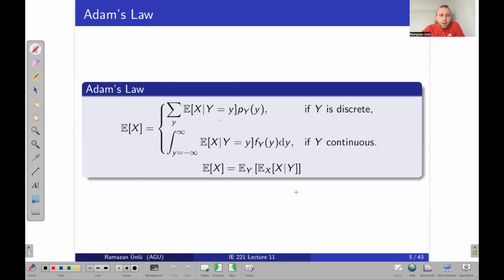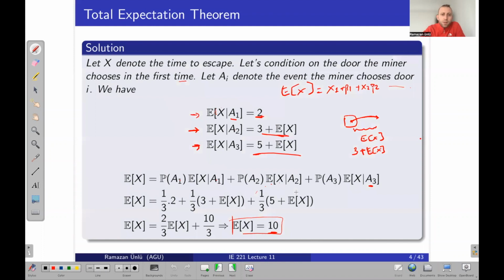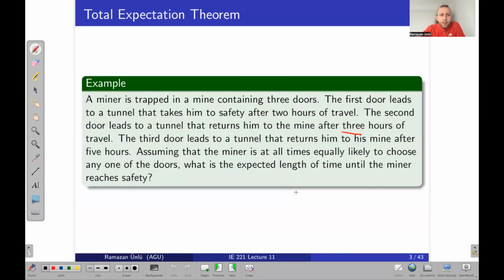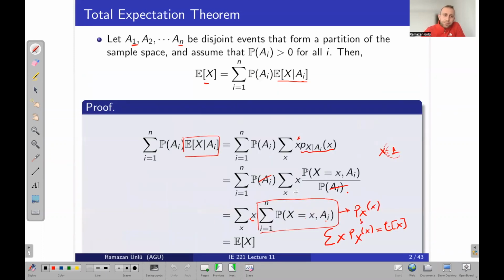Before starting Adam's law, remember from the previous part we discovered the total expectation theorem. We say that A1, A2 until AN are disjoint events, and we can calculate the unconditional expectation by using the conditional expectation, right? So the conditions are the disjoint events.